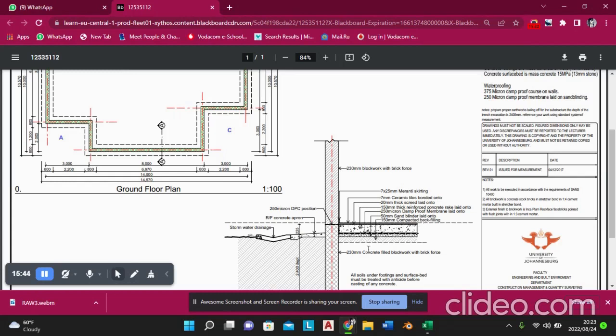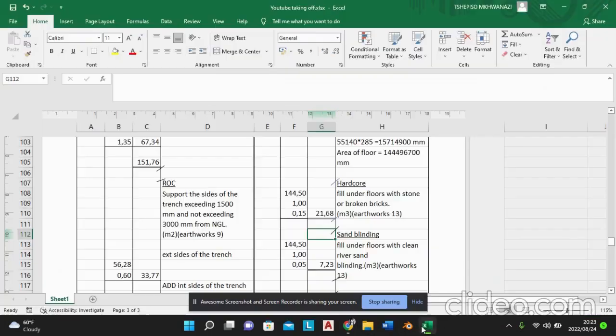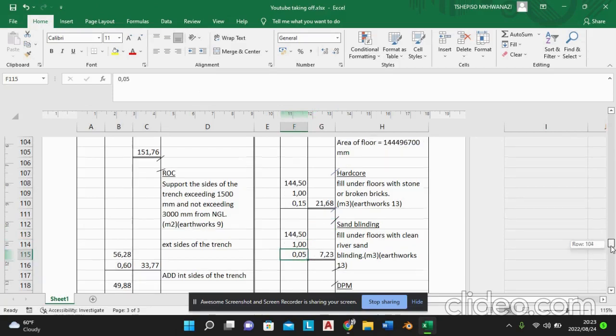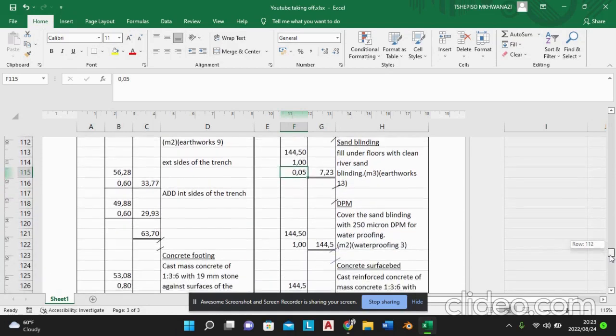Compacted backfilling is this one. This is the hardcore. And then let me go back again onto Excel. We use the 0.05 meters, and then we must be able to get this thing. Then we're done with sand blinding.